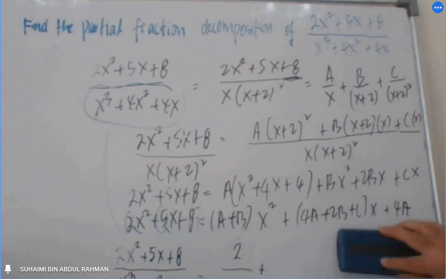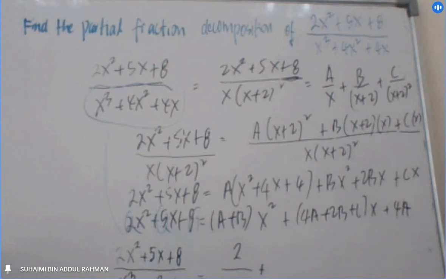Therefore, we can rewrite this as 2 over x plus minus 3 over x plus 2 square. Since b is 0, everything in this term becomes 0.